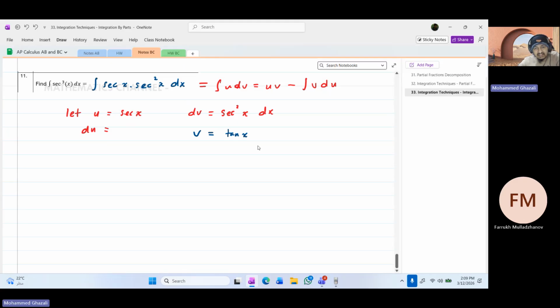Remember the table, sec tan? That's the one. We're integrating in pairs now. So what's the derivative of sec? The derivative of sec is sec tan.